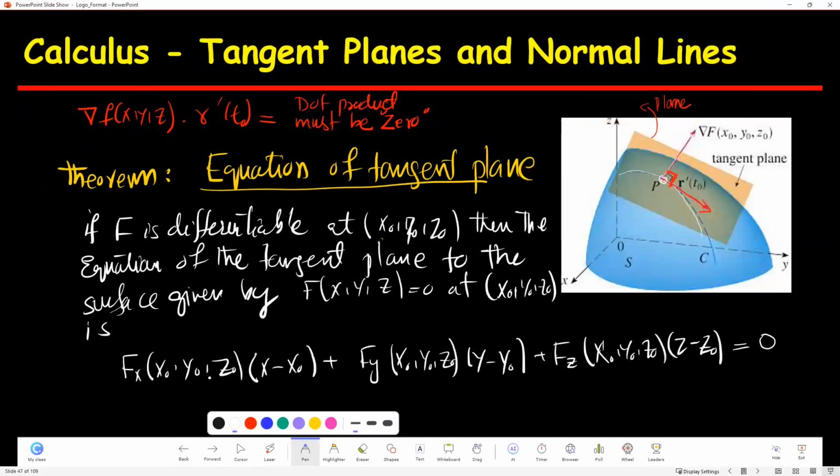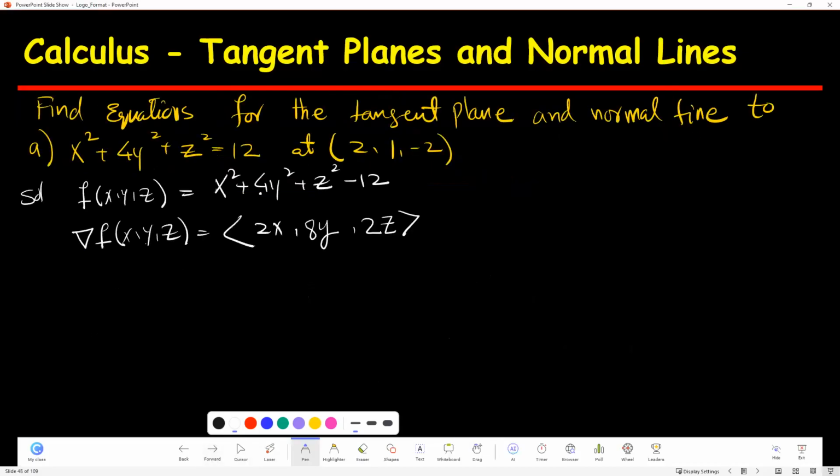If you see here, I wrote these points, and these are the coordinates of this P point. So what I'm going to do is substitute the values for these 3. I'm going to write like this, 1, 2, minus 2.